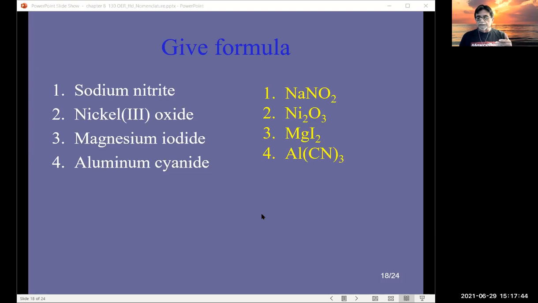No prefixes in ionic compounds. So number 2 would not be called dinickel trioxide. It'd just be called nickel(III) oxide. And that Roman numeral has to do with the oxidation state of the metal. It has nothing to do with how many of those metals you have.